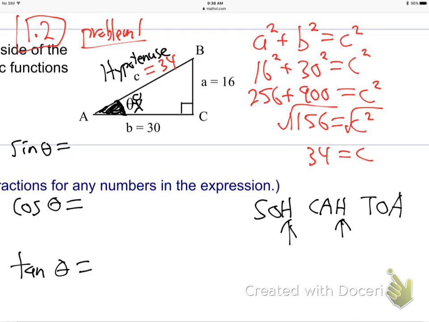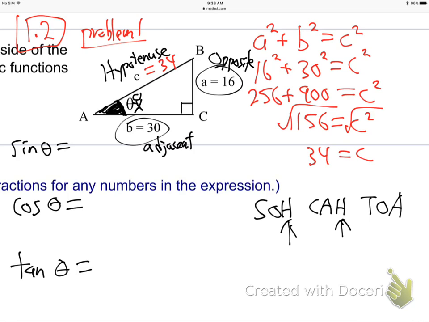From this perspective, is A or B touching the angle? Well, B, clearly. So which one is not touching but instead is opposite? Well, A. So A is opposite from the angle theta, and B is the adjacent. Adjacent means your neighbor, right next to you.